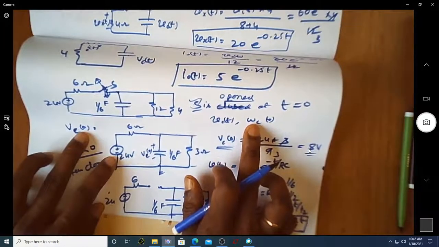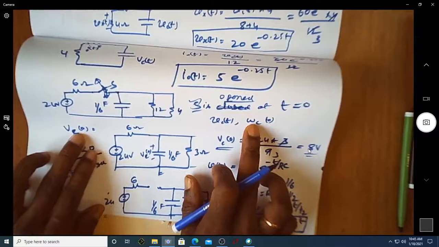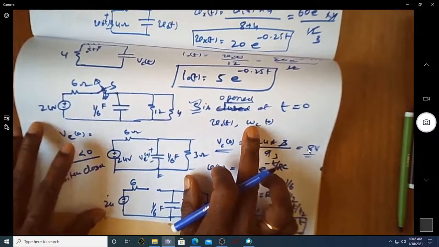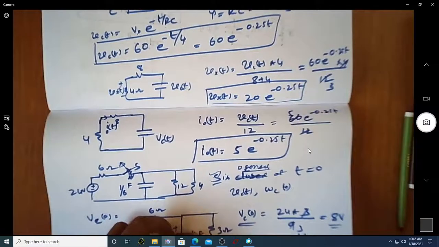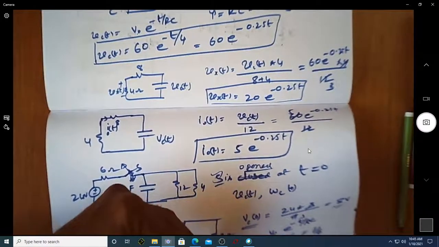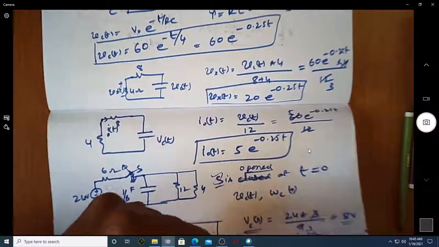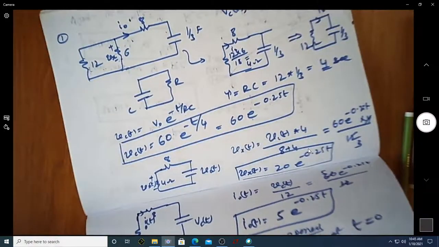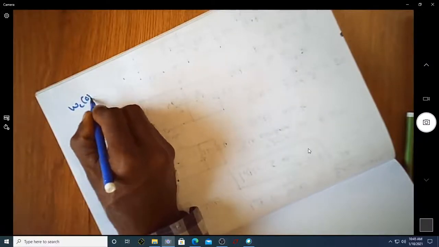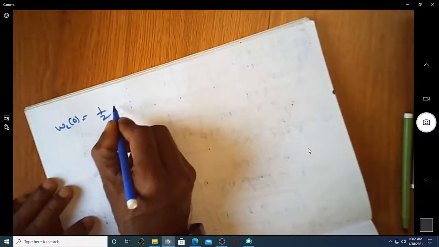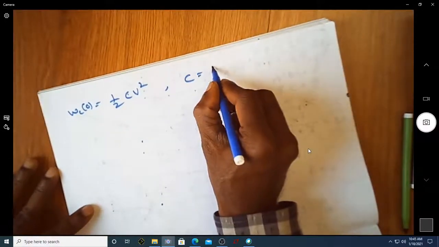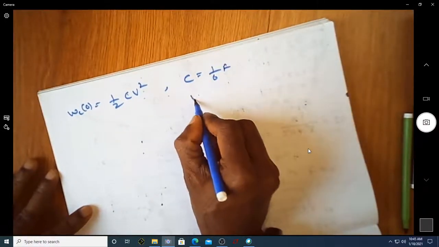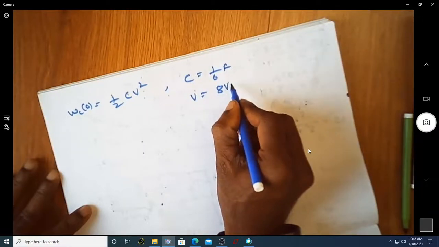Of course we can find the value of energy that is stored in this capacitor, which is given by the expression. Let me just write it. The energy is half Cv squared. I know the value of C as 1 over 6 farad. I know the value of V, which is equal to 8 volt.